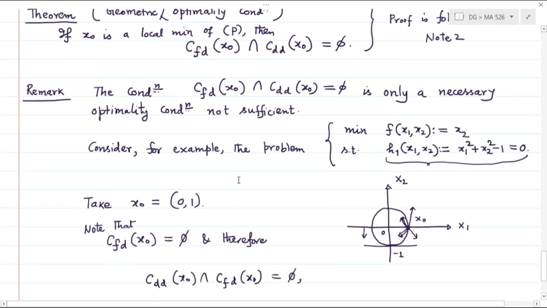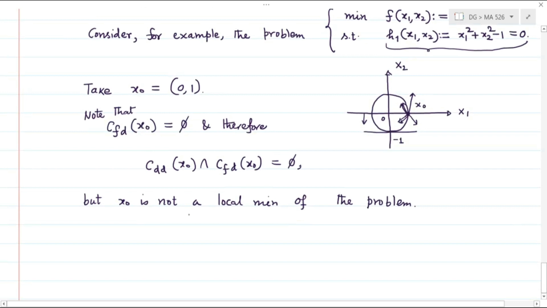Now with this I end the class here, and on the next day I will discuss the tangent cone of the feasible set at the point x0, and from this tangent cone we'll find another geometrical optimality condition that is more robust than this one, because this optimality condition is a little restrictive due to the limitation of the definition of the cone of feasible directions.